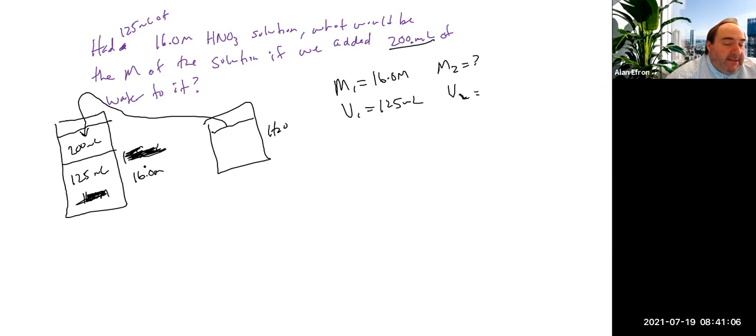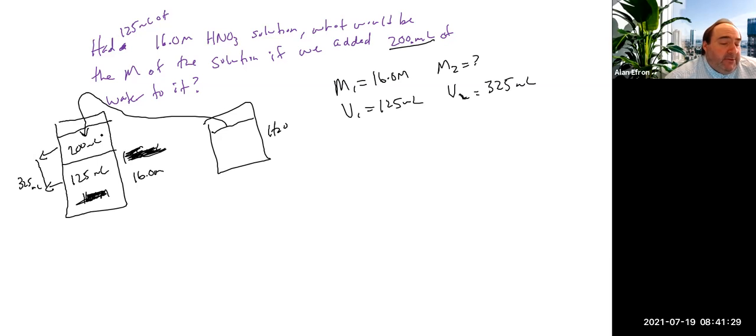Our final volume is the 200 we just added of water and the original 125 that we started with, which means our new solution's volume would be those added together, and 325 milliliters is our second volume, not 200 milliliters.